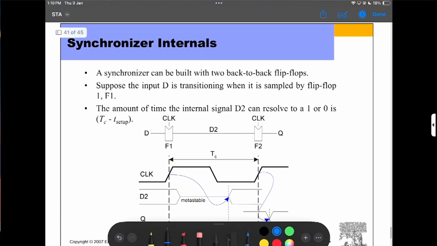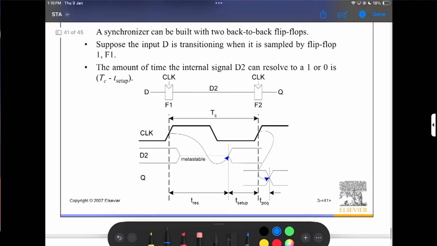And this is the synchronizer internal. A synchronizer can be built with two back-to-back flip-flops. Suppose the input D is transitioning when it is sampled by flip-flop 1, F1. The amount of time the internal signal D2 can take to resolve to 1 or 0.